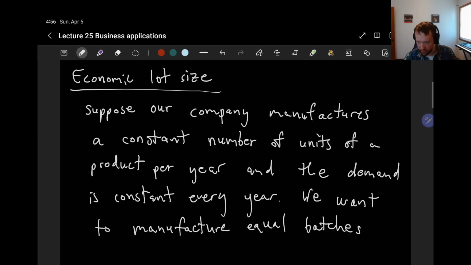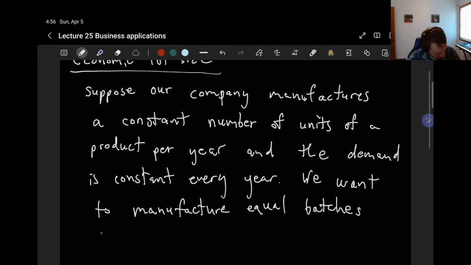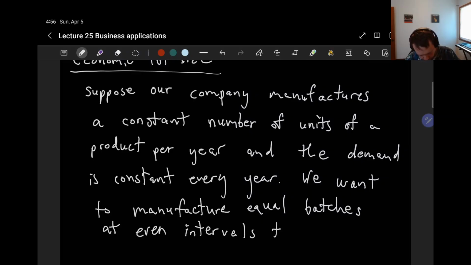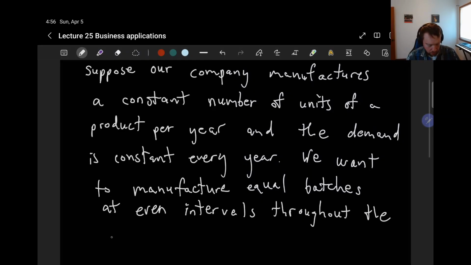So same number of cases of some product within each batch. And this will be at even intervals throughout the year. So it could be, for instance, once a month, something like that.